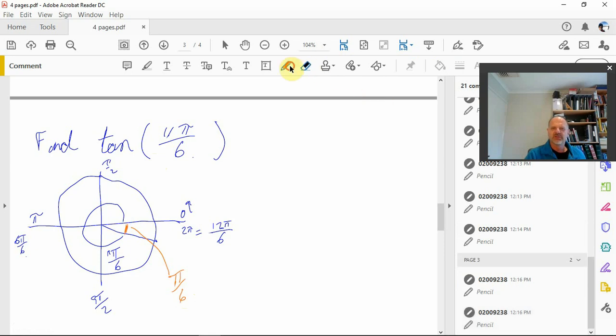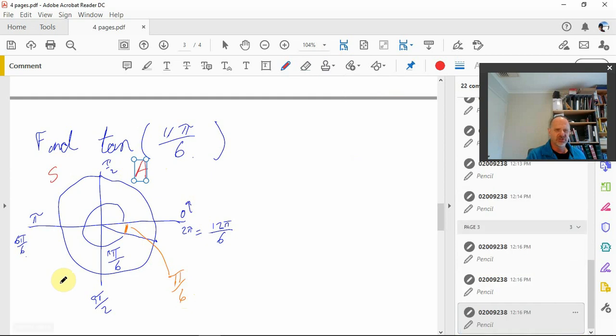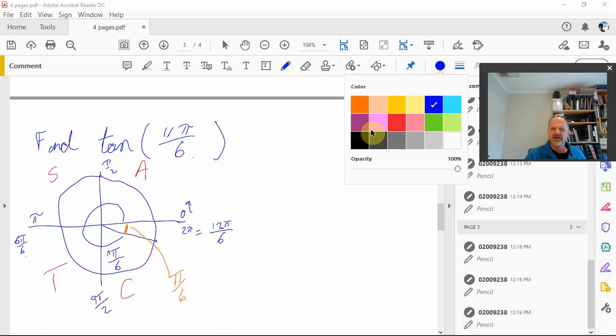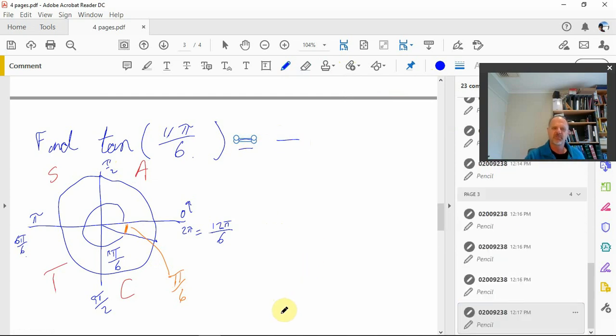We remember that all students talk crazy, that it's cos that's positive in that fourth quadrant. We're interested in tan 11 pi on 6 is in our fourth quadrant. So our value for tan is going to be a negative value, and it's going to be related to the tan of pi on 6. All right, so this is where I bring out my triangle again.